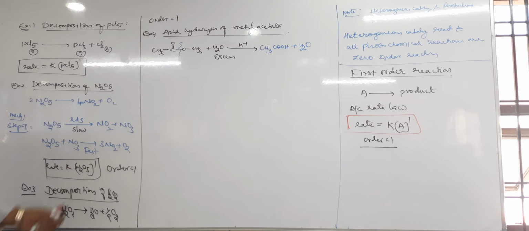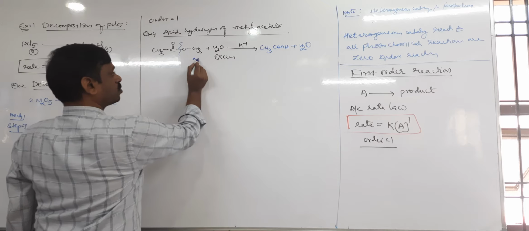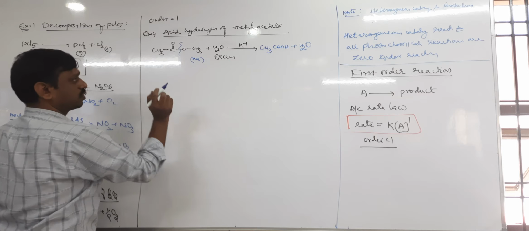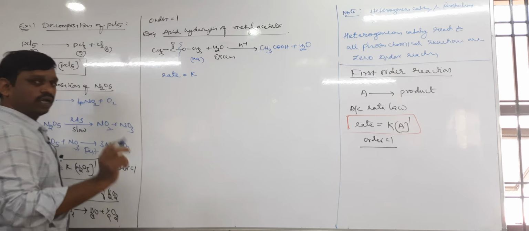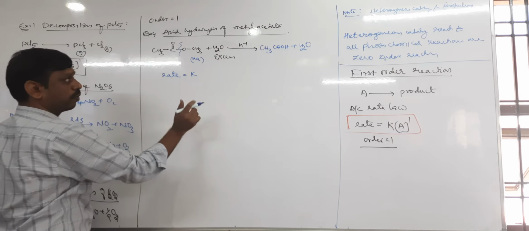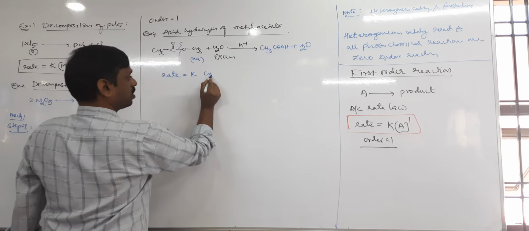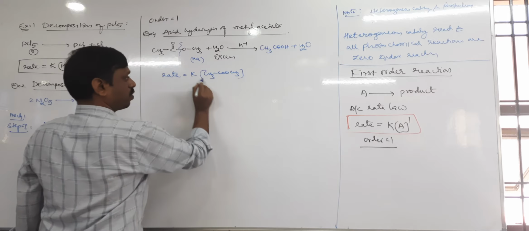Now tell me, is it a first order or second order reaction? Apply the rate law. This is an aqueous medium, it is water. Come on, tell me, what is the rate equal to K into? Now rate equals K into either methyl acetate or H2O. It is only methyl acetate, power 1.